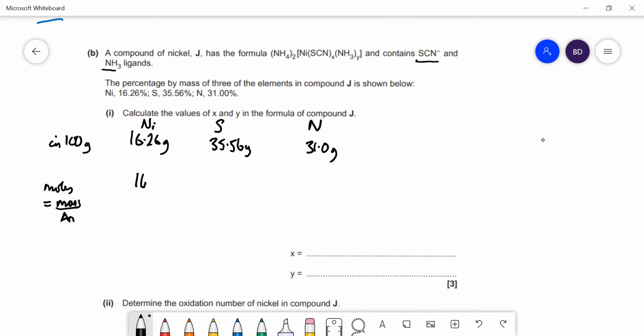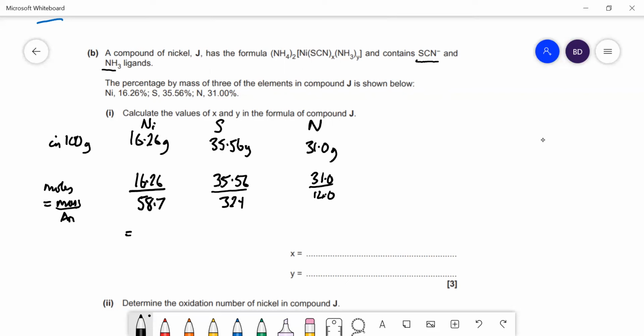So that's going to be 16.26 over the atomic mass of nickel, which is 58.7. Sulfur's 32.1, sorry, and nitrogen is 14.0.